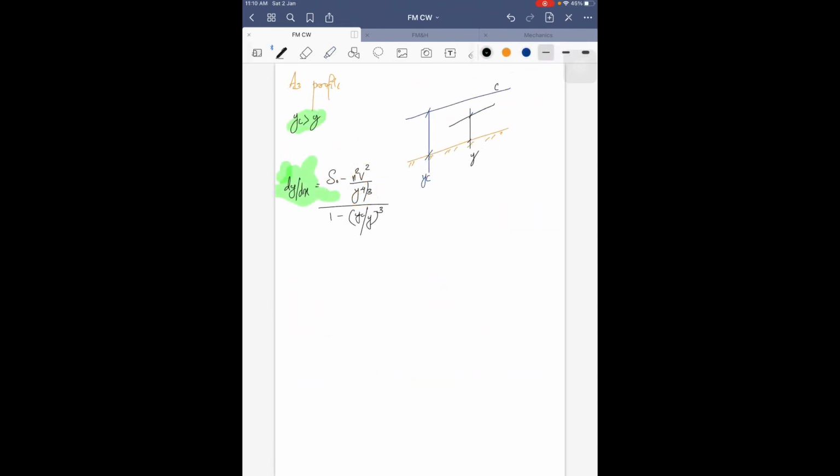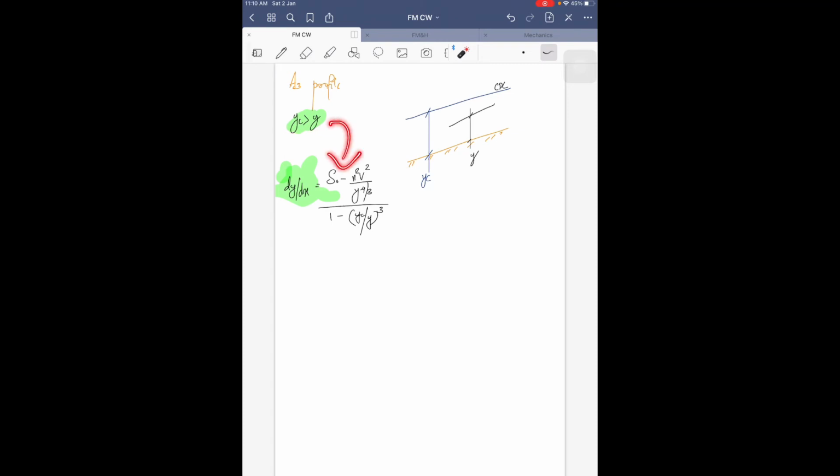Now we shall see the A3 profile. This is the CDL line and the NDL line will be at infinity, or the NDL line will be imaginary. Yn will be an imaginary value. So this will be our surface profile, this will be zone 3, this will be zone 2, and zone 1 will be an imaginary zone. So our condition is yc greater than y.